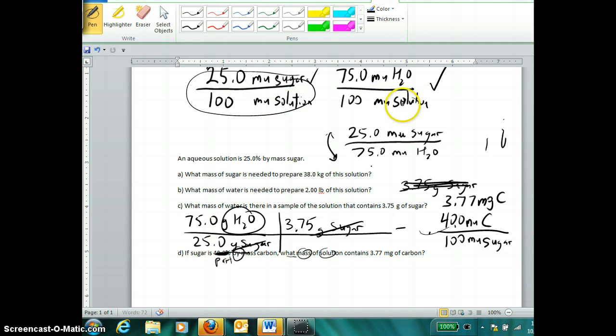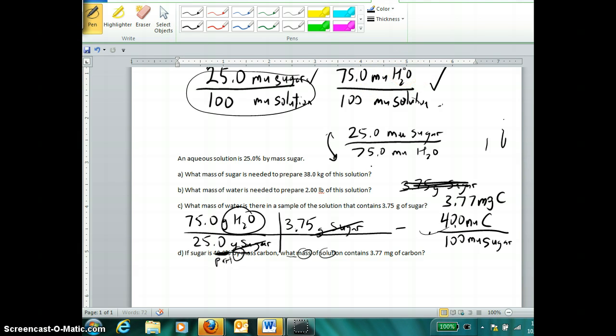So I'm going to be starting with one of these two ratios. But one is always a better choice than the other. So what I need to do is plan ahead by thinking, okay, what if I make this my mass of solution? Well, if I do, I'm going to have to cancel a mass of water.